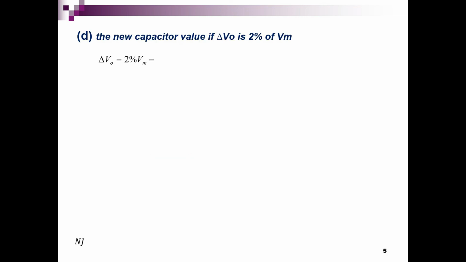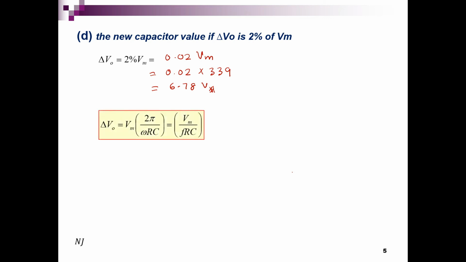Okay, then if delta Vout is 2% of Vm, 2% of Vm means 0.02 Vm. So 0.02 times 339 equals 6.78 volts. And then to calculate the new capacitor value, we know that delta Vout equals Vm over fRC.